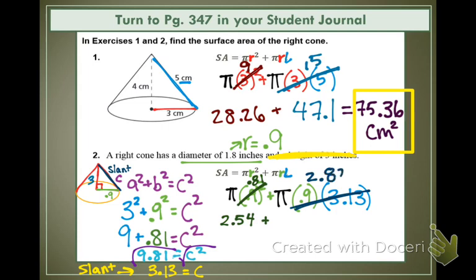All right, and just keep it in your calculator and multiply it again times 3.14. 8.85. Last step, we add them. 11.39 inches squared.